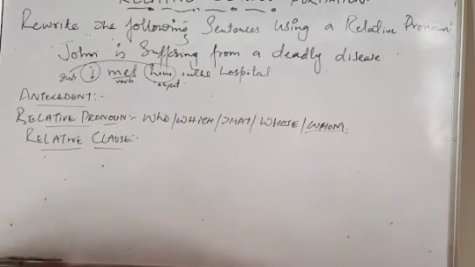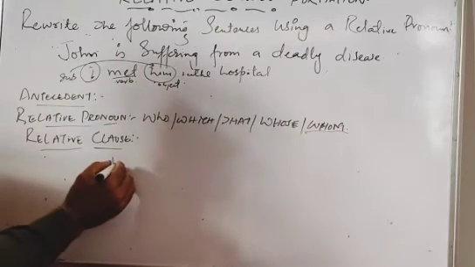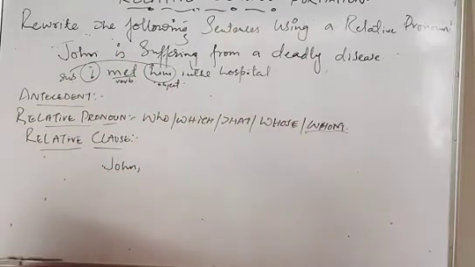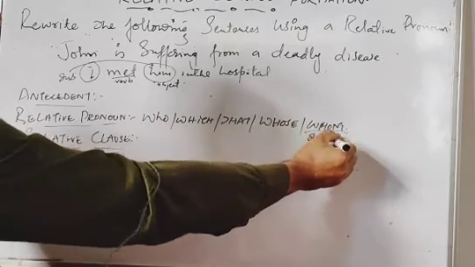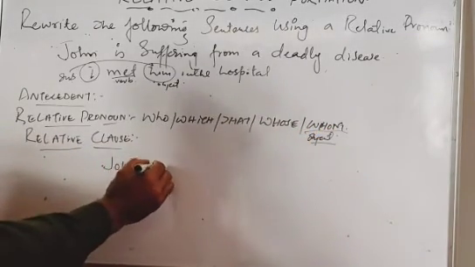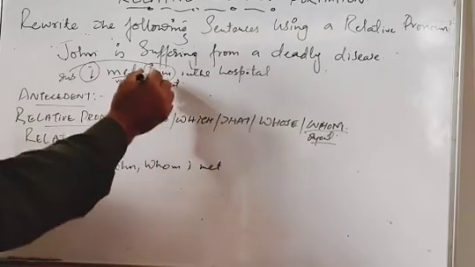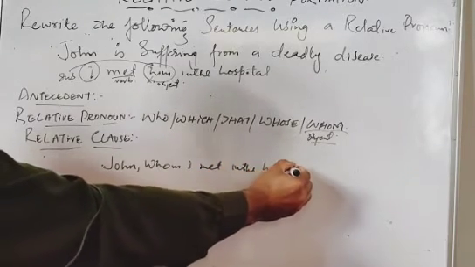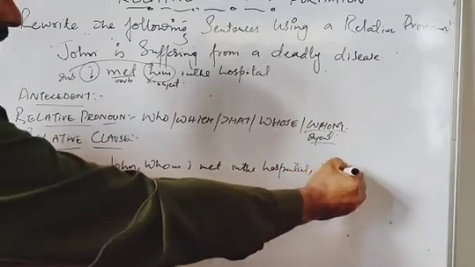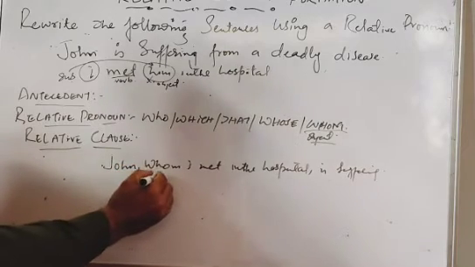Wherever we see an objective pronoun, we have to seek its antecedent, that is John, comma. Then if in the second sentence it is an objective pronoun, we have to use whom. John whom I met, him will be deleted, in the hospital, comma, is suffering from a deadly disease.